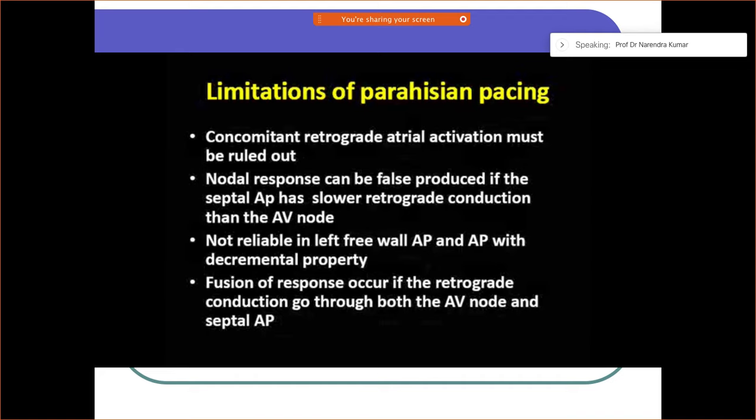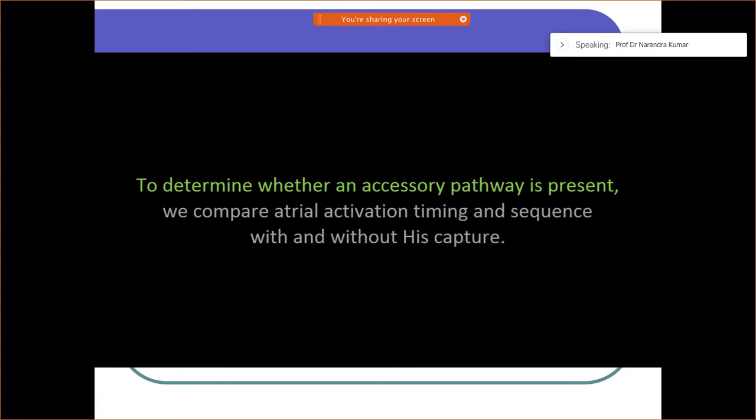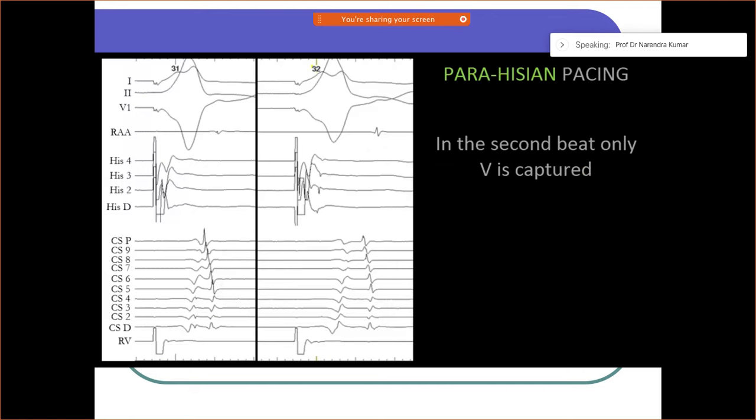And it is not reliable in the left free wall accessory pathway and accessory pathway with decremental property. In fact, fusion of response does occur if the retrograde conduction goes through both the AV node and the septal accessory pathway. As I have already said, you are doing this maneuver to see whether the accessory pathway is present or not.